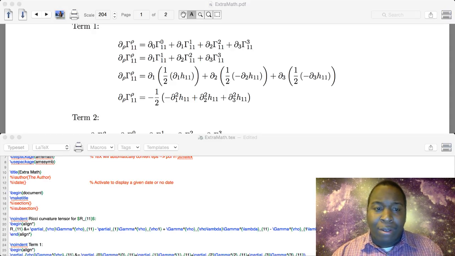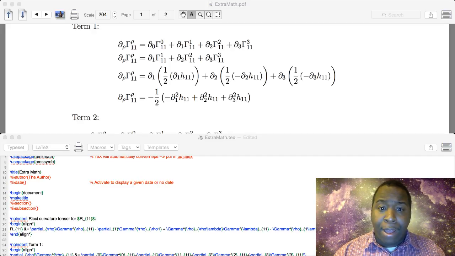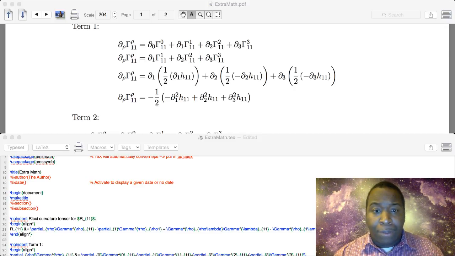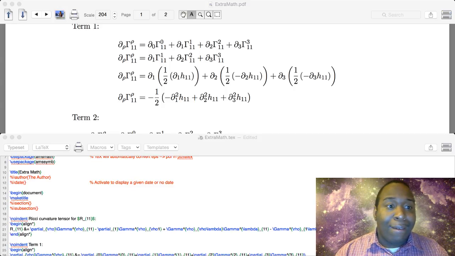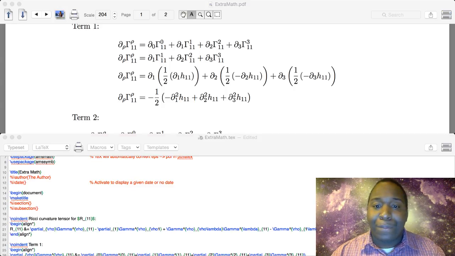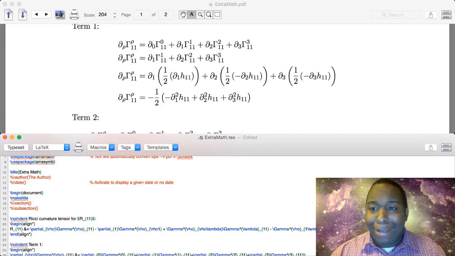And I wanted to see if I could find a really quick way of doing this. And honestly, I couldn't. I've already solved for all the Christoffel symbols. So it's just a matter of plugging and chugging and seeing which terms cancel out, which terms survive. But nevertheless, the process is still very tedious. So let's go ahead and do it. Let's get it done.